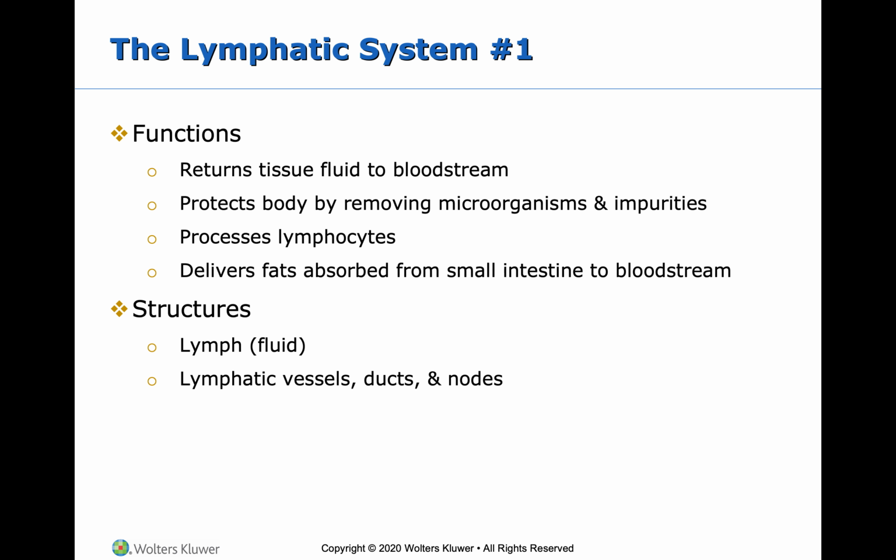Through your lymphatic vessels, it travels to your lymph nodes. In your lymph nodes, this is where it traps and destroys bacteria and foreign matter. This is kind of like the purification process of the fluid. So you don't want to put pathogenic fluid or fluid that's got bacteria in it back into your bloodstream. No. So in the lymph nodes, that's where it filters it and kind of purifies the excess tissue fluid.